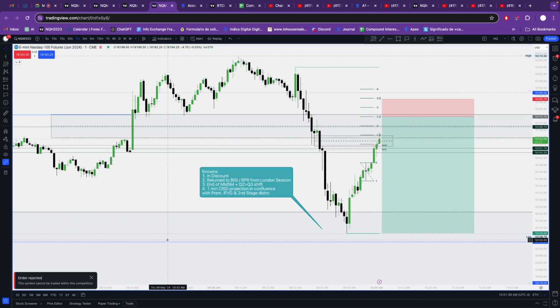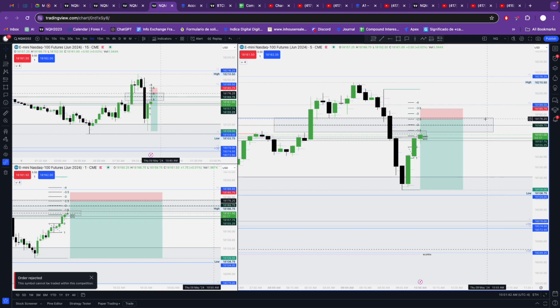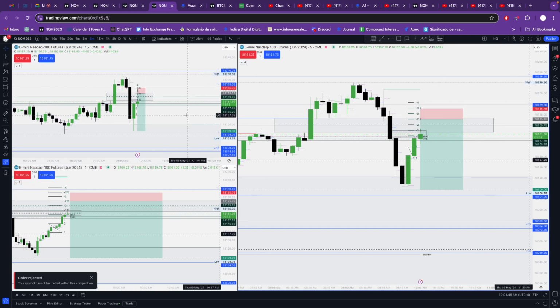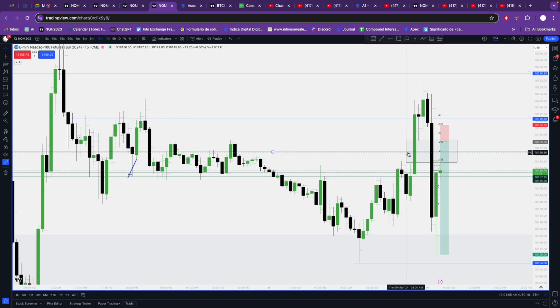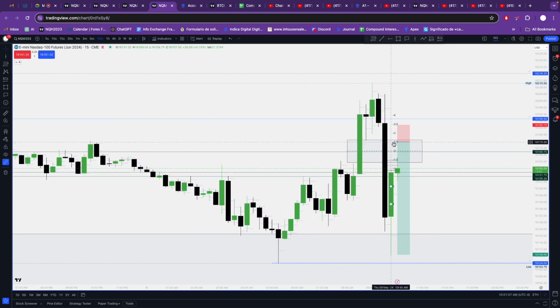This is the 1 minute. Yeah, because it aligns with the high of this 15-minute fair value gap right here. See, 2.5 lines up nicely right here with the high of this fair value gap.